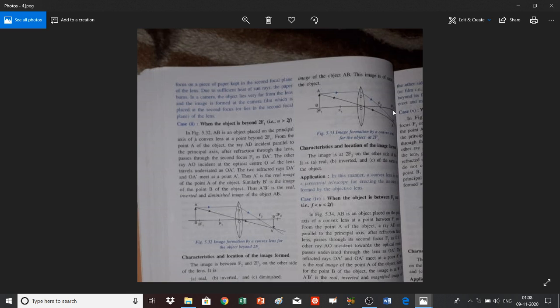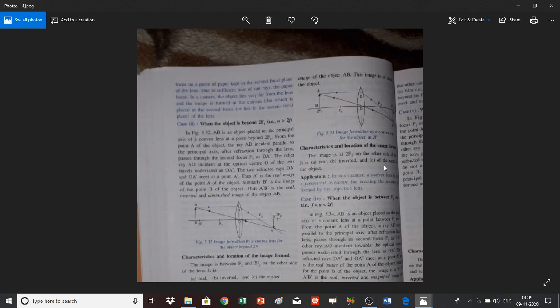Number two, it is inverted. You can easily understand that it is inverted, because the image of the point A is formed here. The object is upright in this direction, but the image is in this direction, so it is inverted. No problem to understand it.